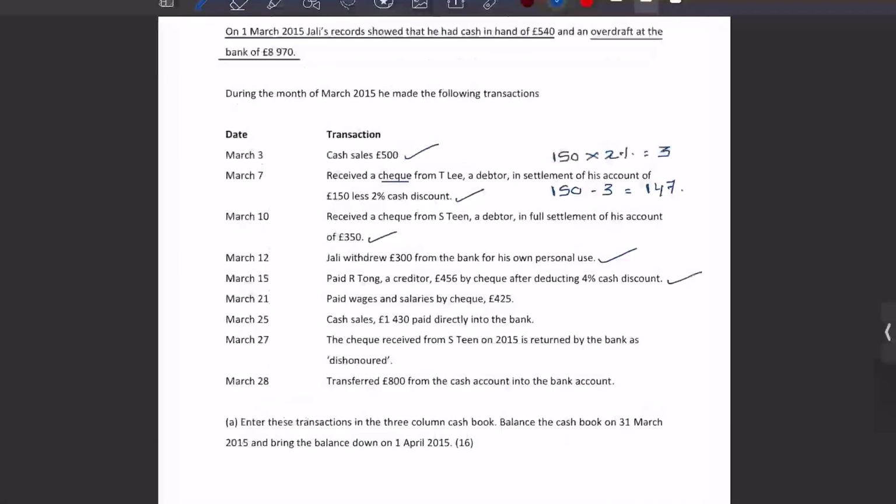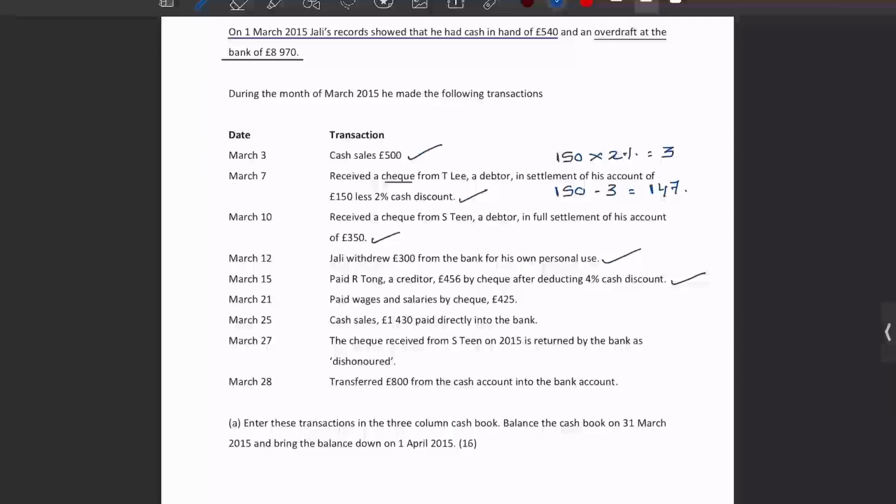So there is a 4% cash discount involved. How much do you think is the amount of the discount? 18.24. Any other answer?